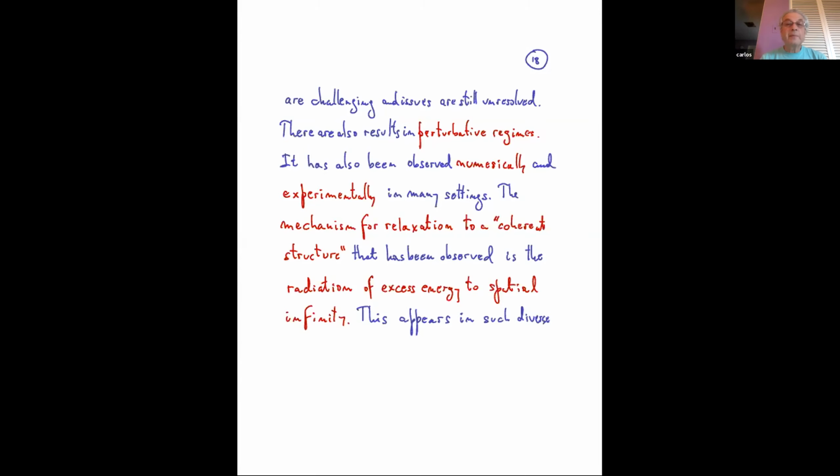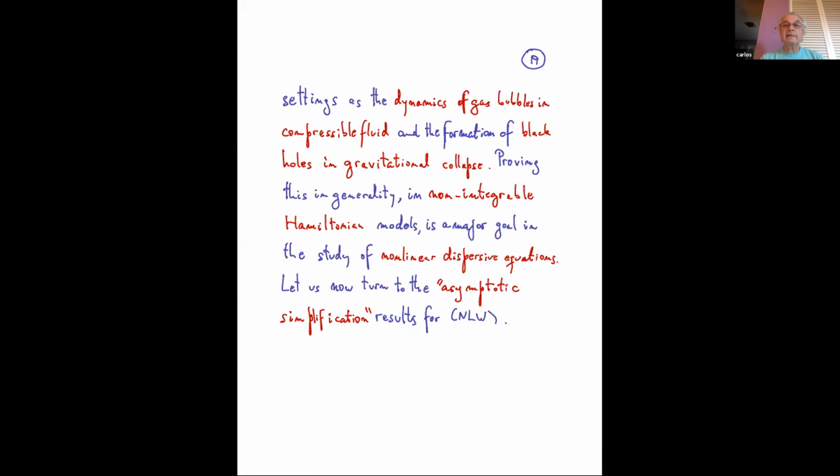And this can be seen in diverse settings, such as the dynamics of gas bubbles in compressible fluid, which you can see experimentally, and in the formation of black holes in gravitational collapse, which you cannot see experimentally, but you can see numerically. And let me just give you a preview of the next talk. You will see another numerical experiment for two-dimensional fluids, where you will see soliton resolution taking place.